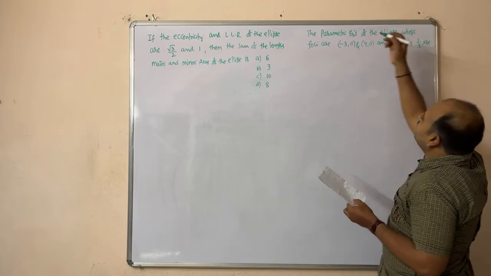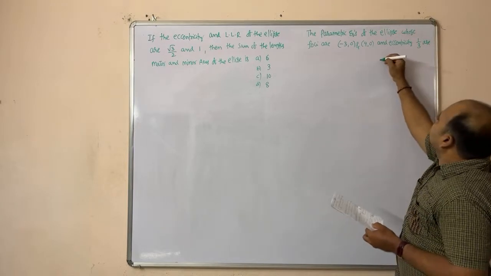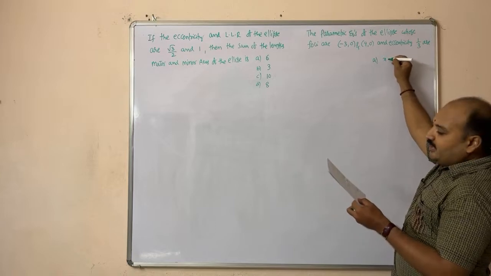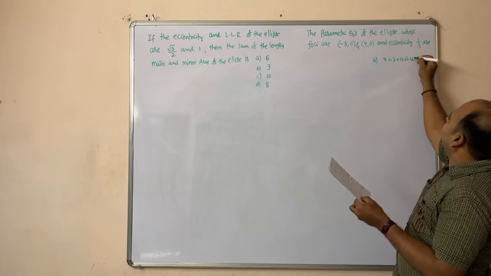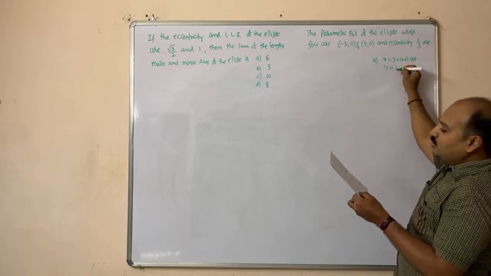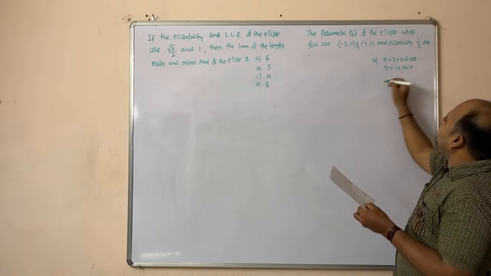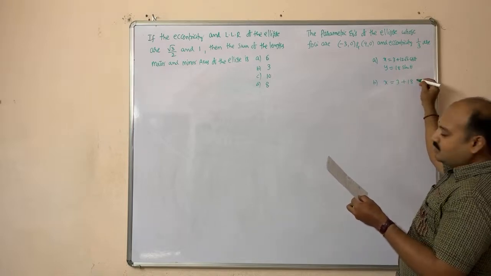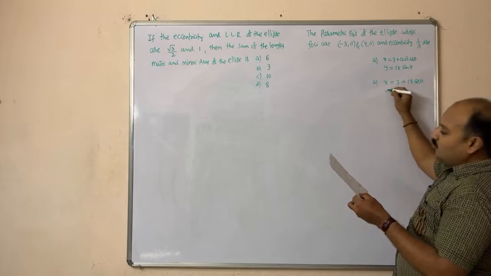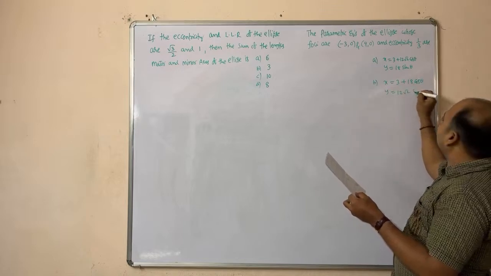That means they are asking the parametric equations. First option: x is equal to 3 plus 12 root 2 cos theta and y is equal to 18 sin theta. Second option: x is equal to 3 plus 18 cos theta, y is equal to 12 root 2 sin theta.